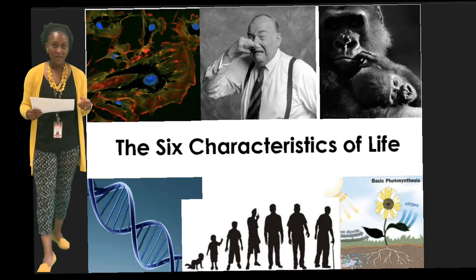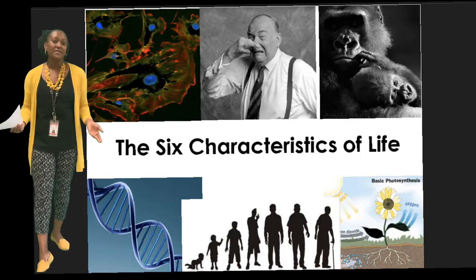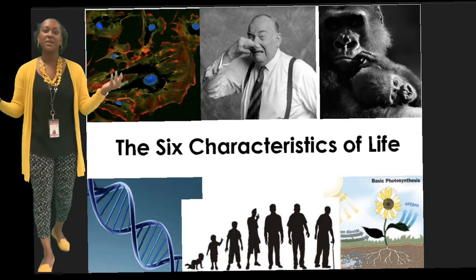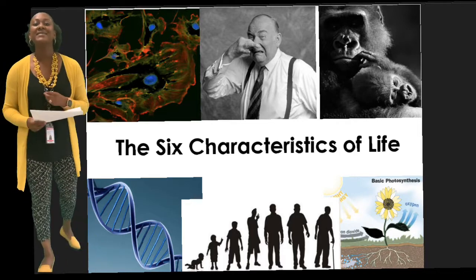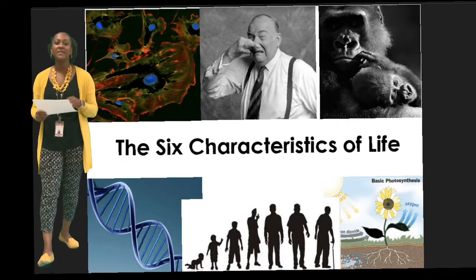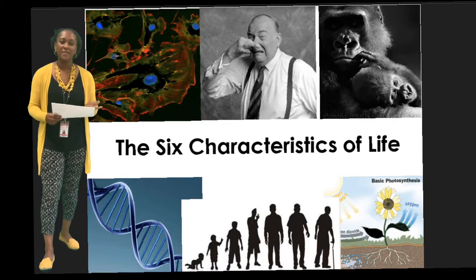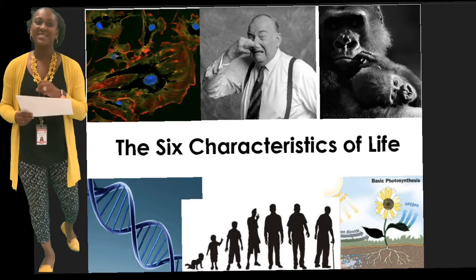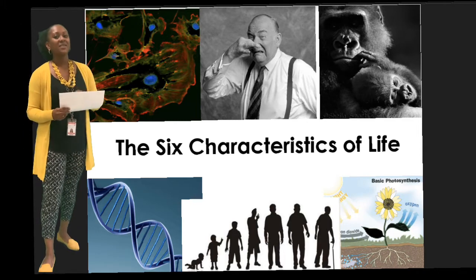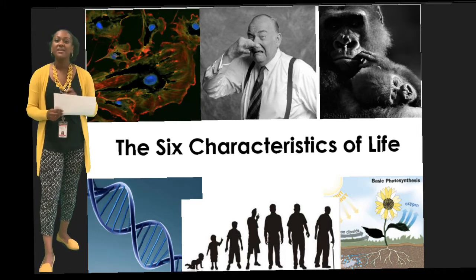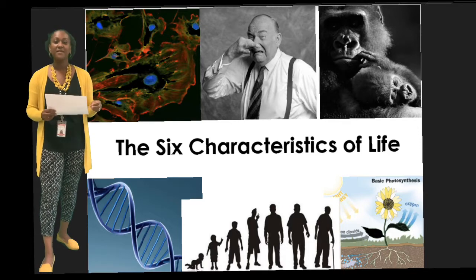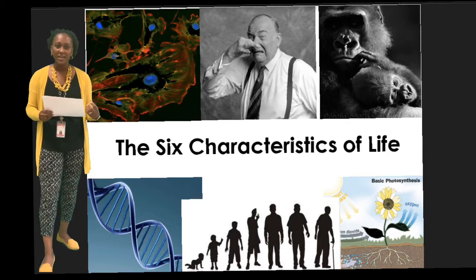Okay? The second one, reproduce. Living things have to be able to reproduce or else everything would be extinct by now. All right? It has to be made of cells. So if you are a living thing, you must be made of the smallest unit of life, which is cells. And inside of those cells, you have DNA. DNA is another characteristic of living things that has your genetic material.